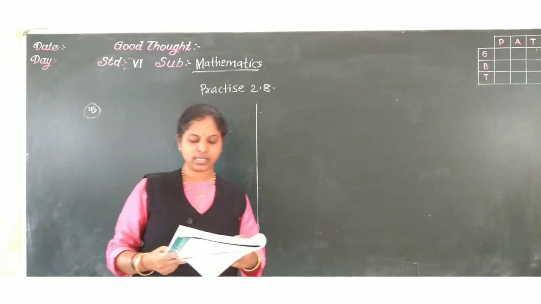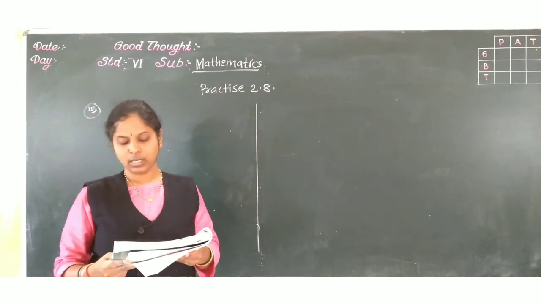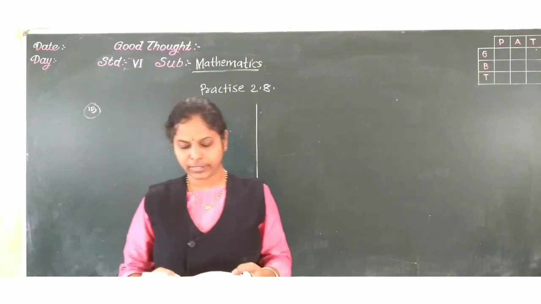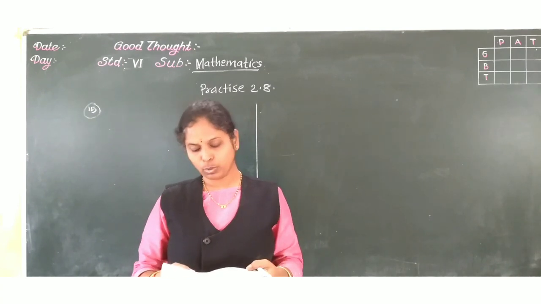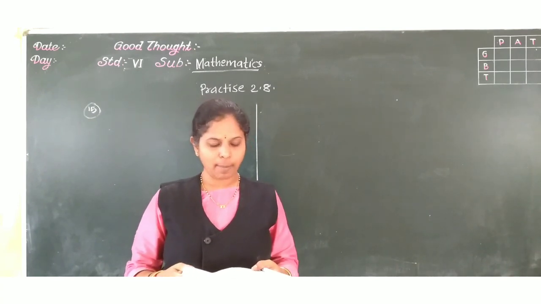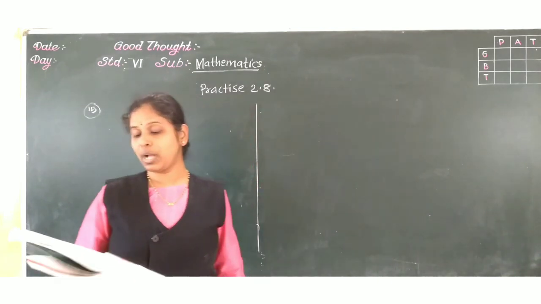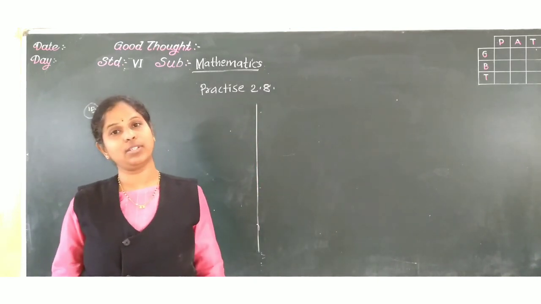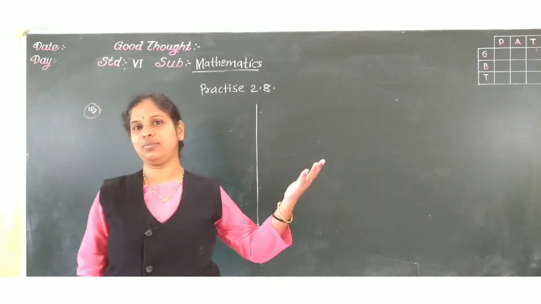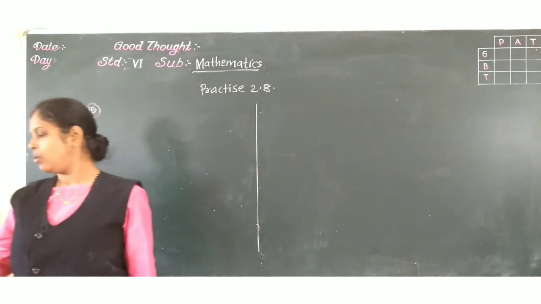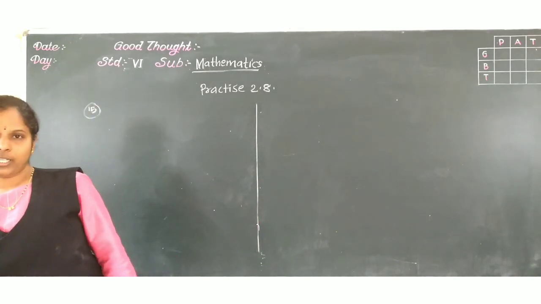A milkman has containers having capacity of 180 liters and 162 liters of milk. What is the capacity of the largest container that can be used to completely fill the containers? Now, largest. From this word, what do you understand?